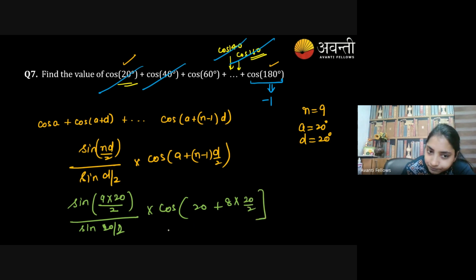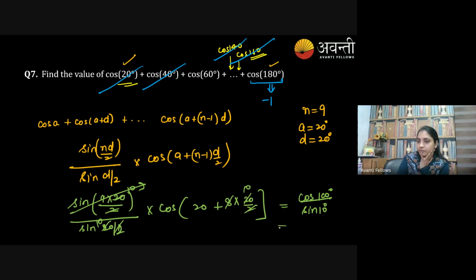So it's going to be sin 90, which is 1, divided by sin 10, into cos of 20 plus 80, that is cos 100 degrees. So it will be cos 100 degrees divided by sin 10.